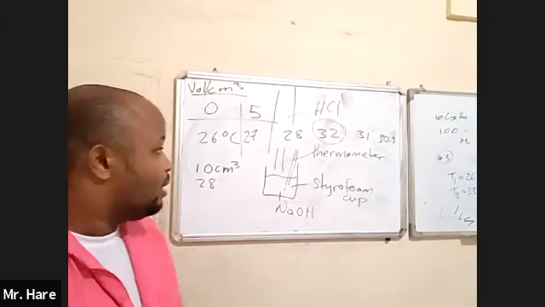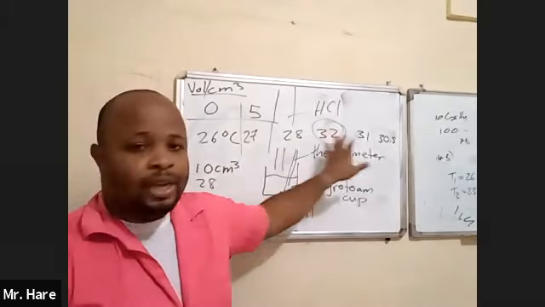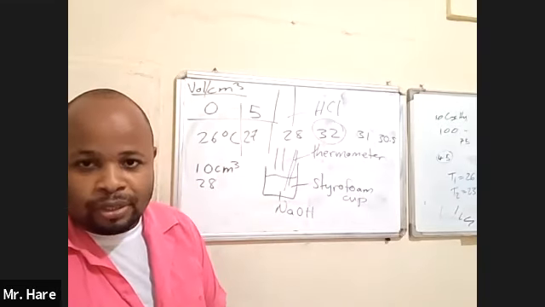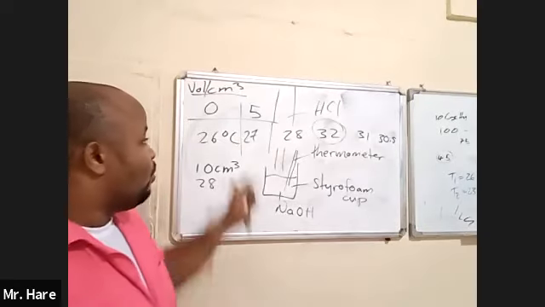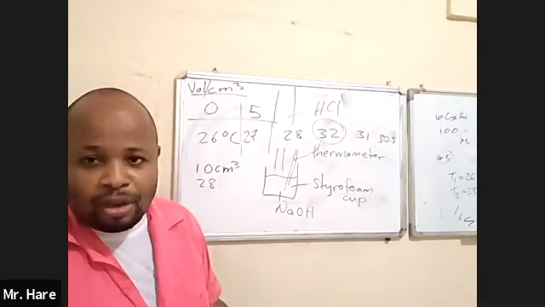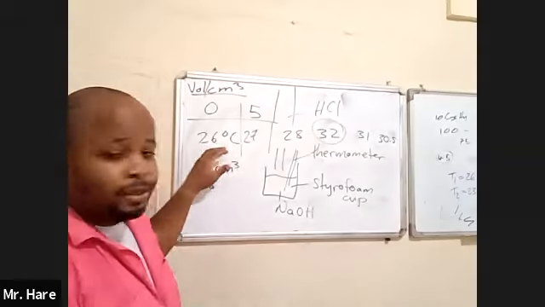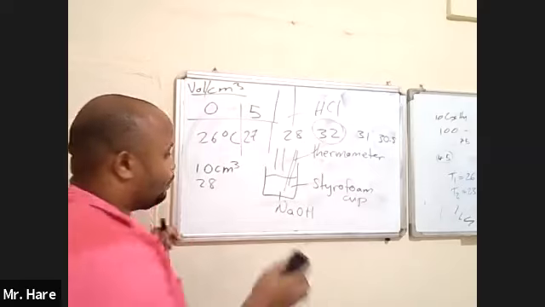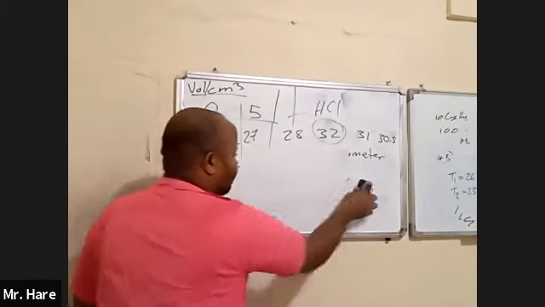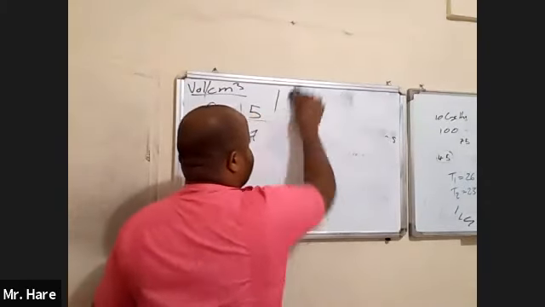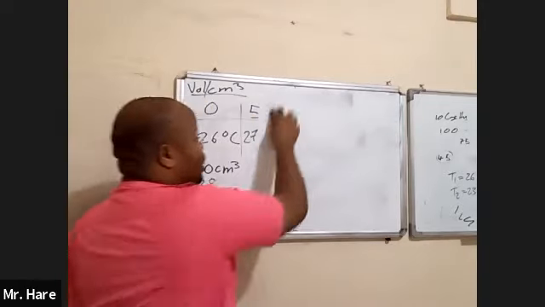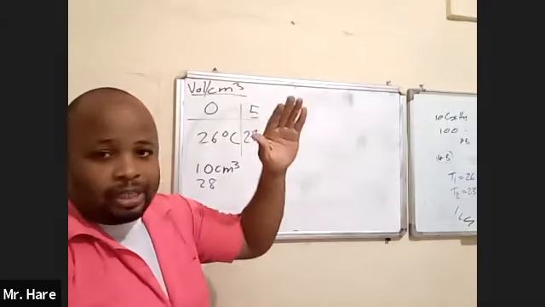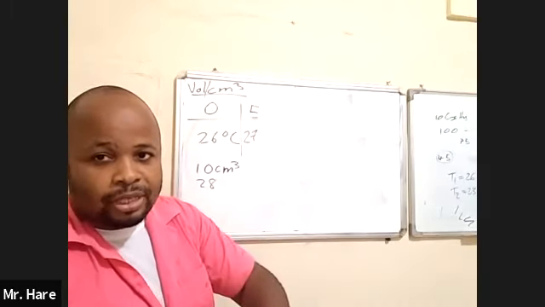At the end of it, you will get your temperature readings and the volumes. All right. Now, once you get that reading, you are going to plot a graph of temperature versus volume. And this is how it will look. So remember in the experiment, the temperature would have increased and then it would have decreased.